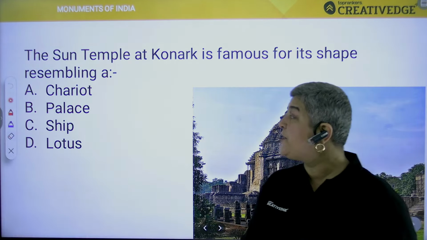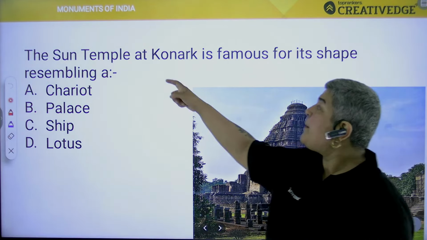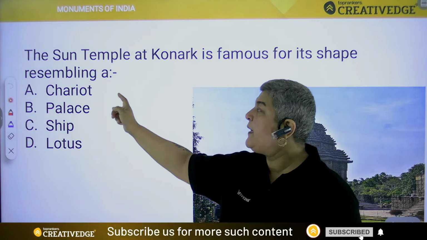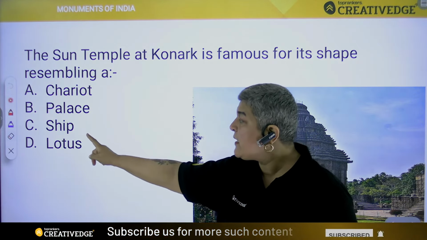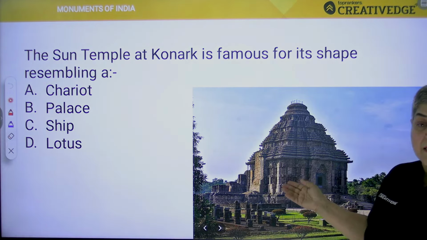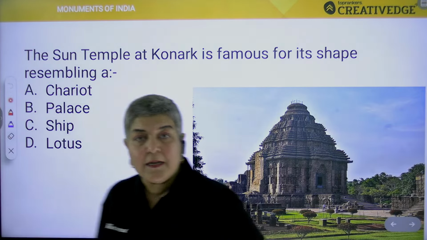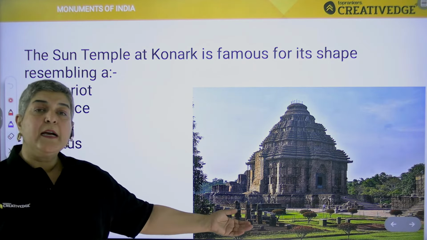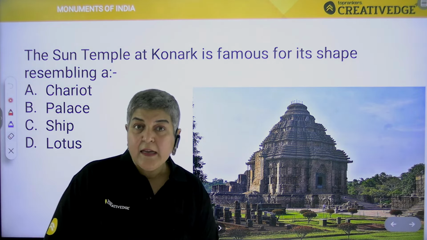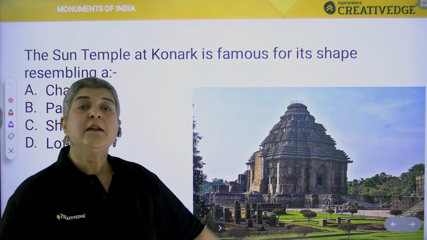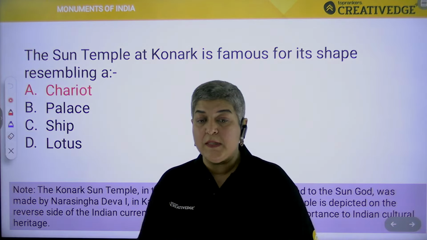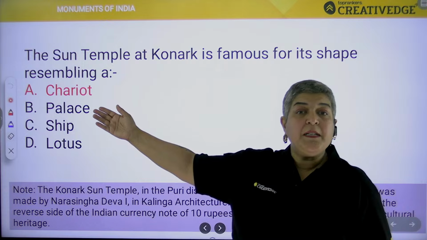The second question you can see is: the Sun Temple at Konark is famous for its shape resembling a chariot, palace, a ship, or a lotus. I'm sure that you can see behind me the famous Sun Temple. Guys, we will also do this in UNESCO World Heritage Sites, because it is a UNESCO World Heritage Site. Okay, the correct answer to this is that it resembles a chariot.